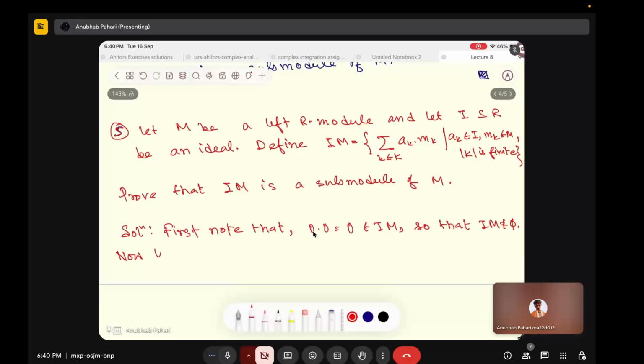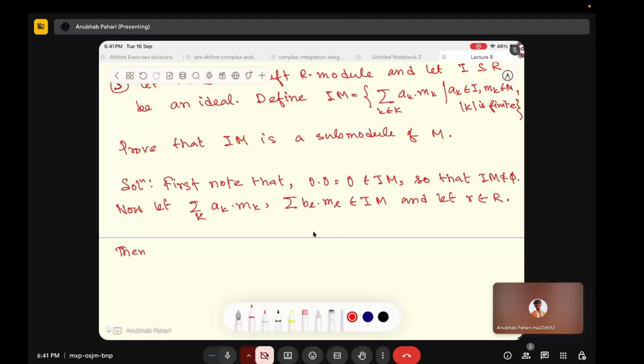Now let the summation over K of a_k·m_k and let the summation of b_l·n_l belong to IM, and let small r belong to capital R. Then the sum of a_k·m_k plus r times the sum of b_l·n_l belongs to IM.